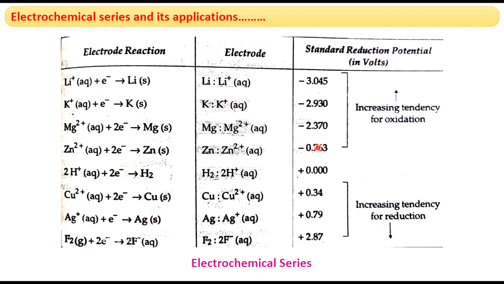We can have information about the reactivity of metals from it. From top to bottom, the reactivity decreases. Lithium has high reactivity, then potassium somewhat lower, then still lower for magnesium, then zinc, then hydrogen, then copper, silver, then fluorine. So the reactivity of metals decreases from top to bottom.